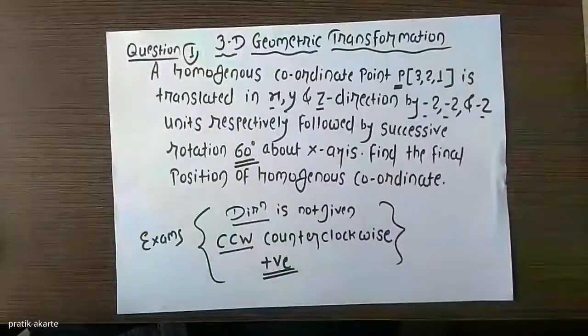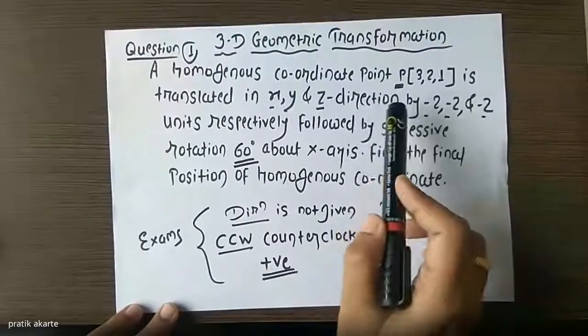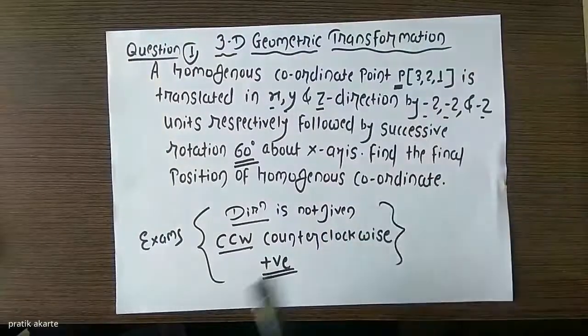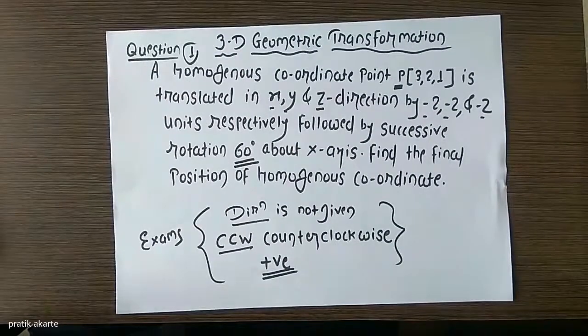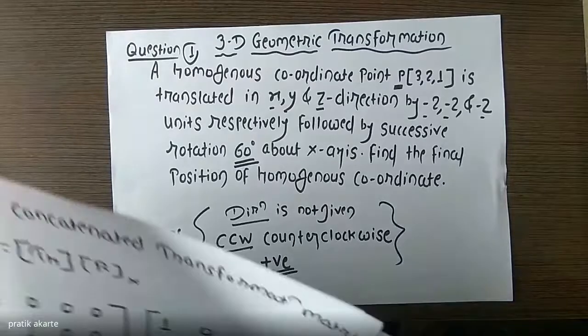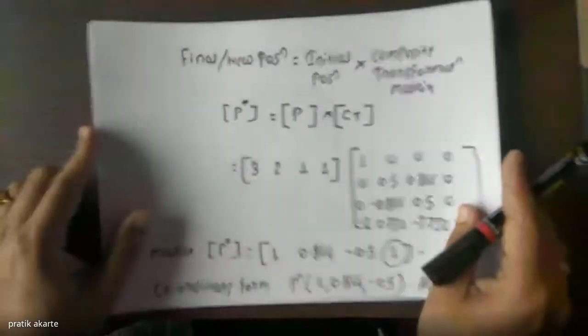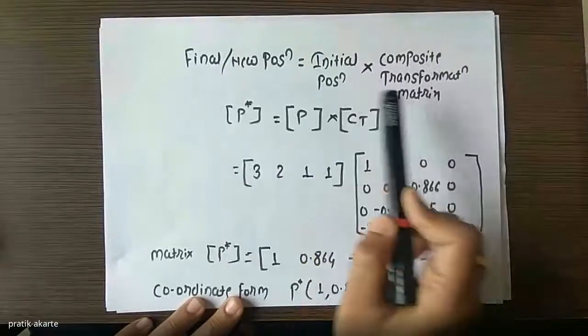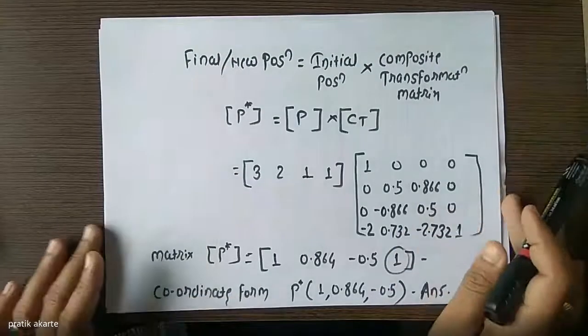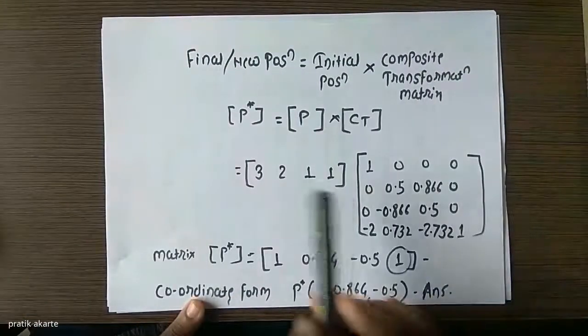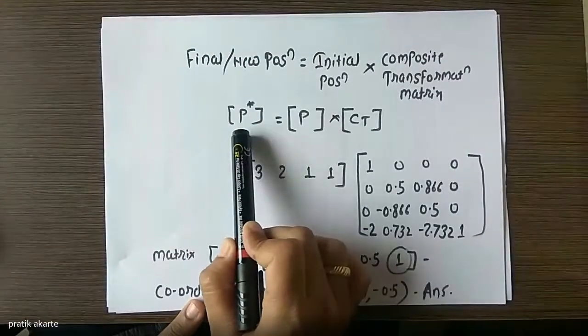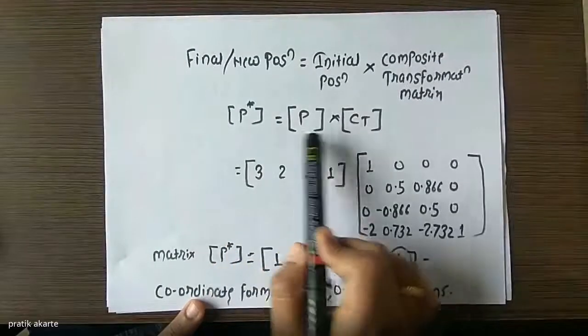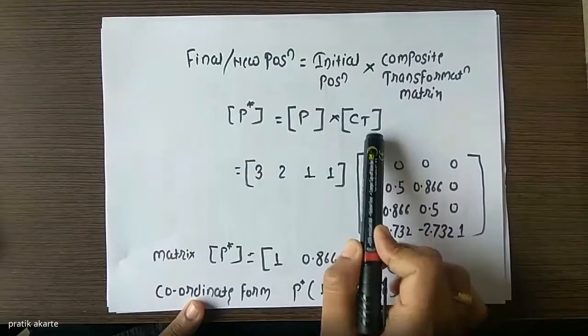But in the problem they have asked us, the homogeneous coordinate point is translated and then it is rotated. Now we'll find out the new final position, that is equal to initial position into composite transformation matrix. So P star or P dash is equal to initial position P into composite or concatenated transformation matrix.